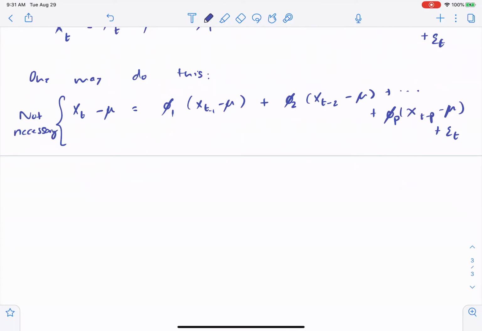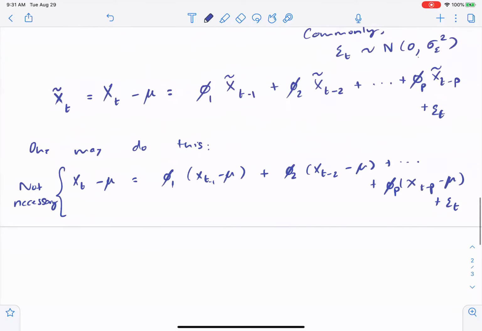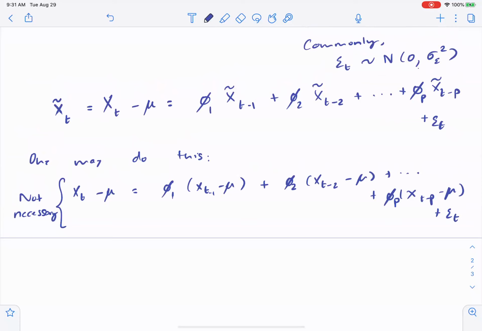Reason being, we subtract the mean when we get data, fit the centered model, which is right here, and when we forecast, we simply add the mean back and be done with it. Just like in calculus, you add that constant of integration at the very last step. We're going to do the same thing. We're going to do fitting, just like integrating.